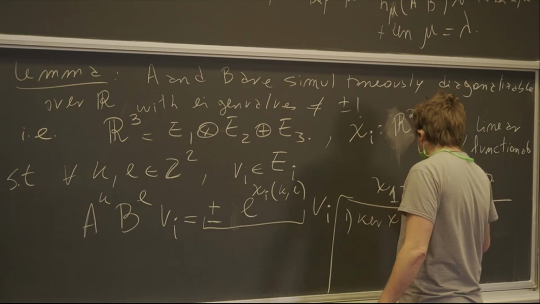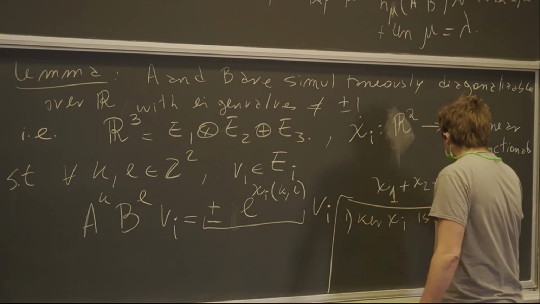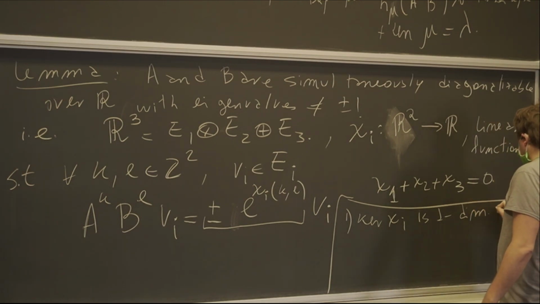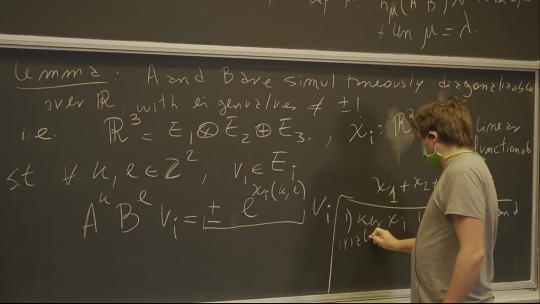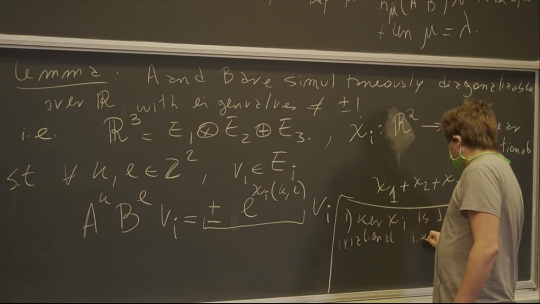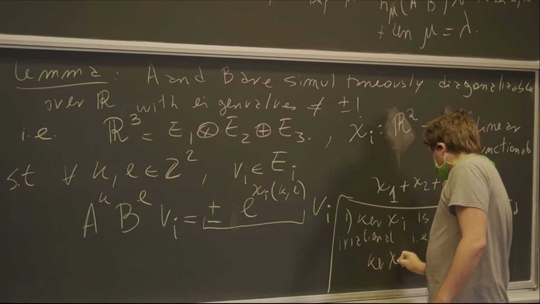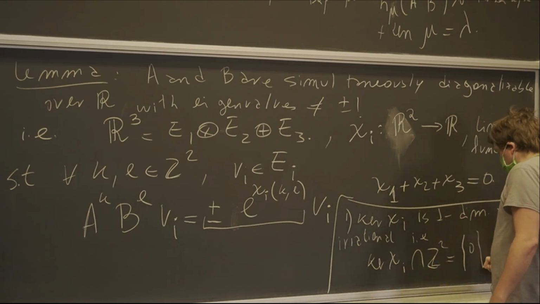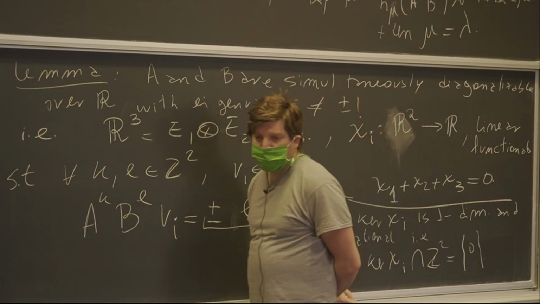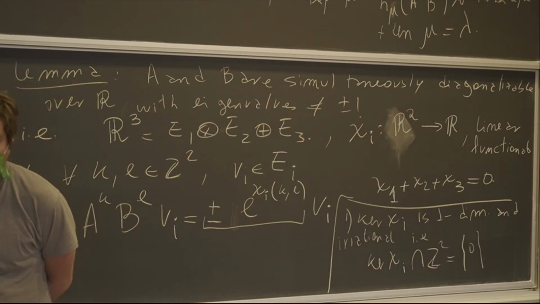So kernel of chi I is one-dimensional and irrational, i.e. kernel of chi I intersected with C squared is just 0. That's not really crucial, but it's good to know.